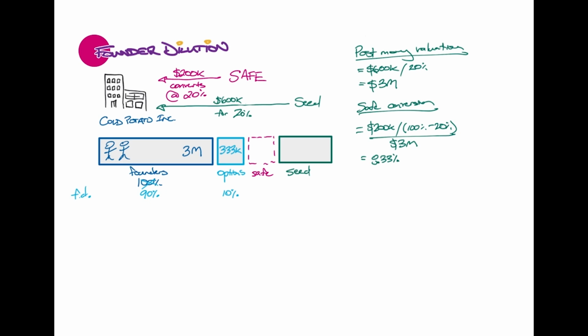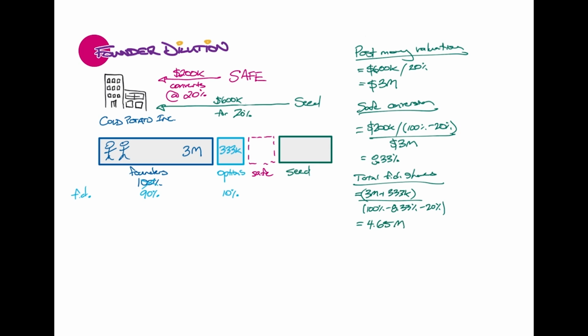So to assess that additional dilution, let's get the total fully diluted shares, which is just 3 million plus the 333,000 reserved for the option pool, divided by 100% minus 8.33% for the SAFEs minus 20% for the investors, which gives us 4.65 million.